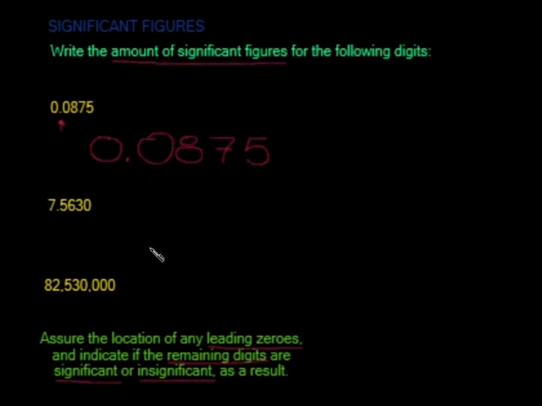To start, I want to assure the location of any leading zeros and indicate whether they are insignificant or significant. I have this 0, and I have to go to the right, since these digits are to the right.